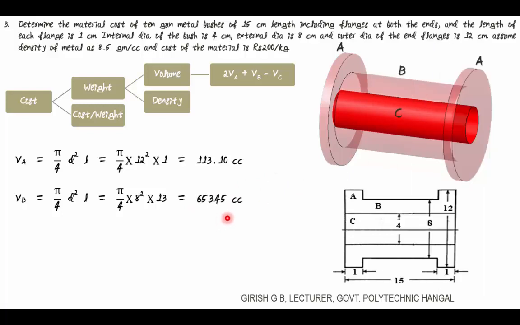In the next step we are going to determine the volume of this cylindrical hole VC, which will be equal to pi by 4 d square L, that is pi by 4 into diameter 4 centimeter into length 15 centimeter.